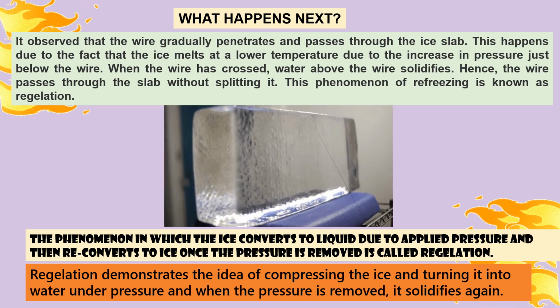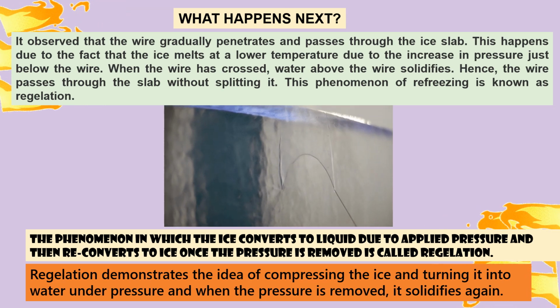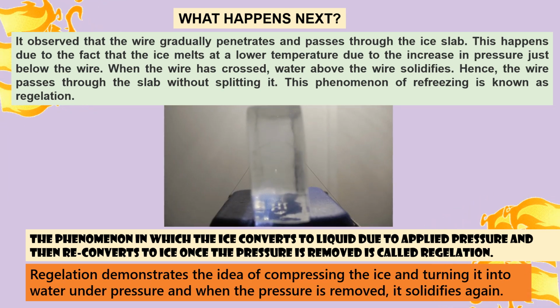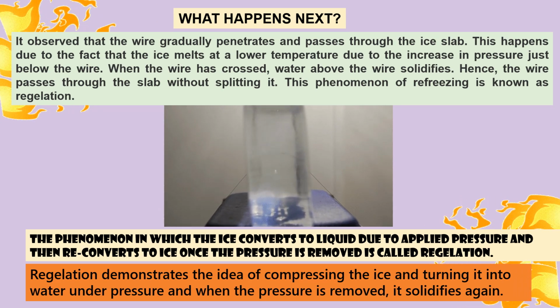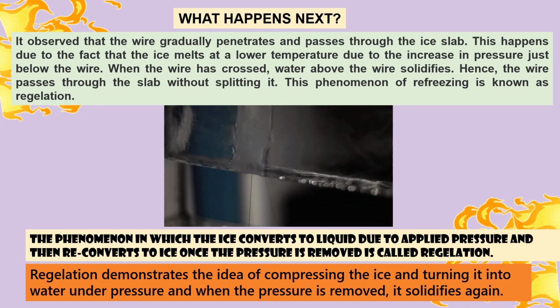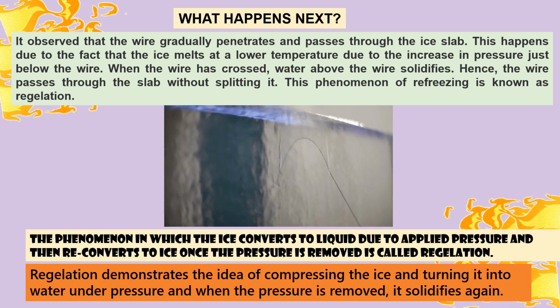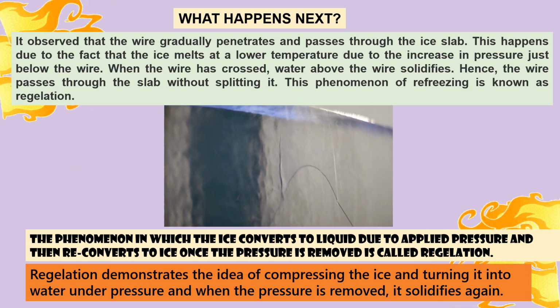As the wire moves downward due to pressure, the portion above returns to normal temperature and the ice joins together again. So here it reconverts into ice. Now, regelation demonstrates the idea of compressing ice and turning it into water under pressure, and when the pressure is removed, it solidifies again.